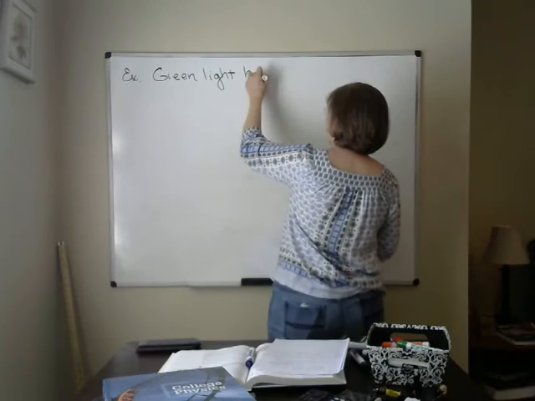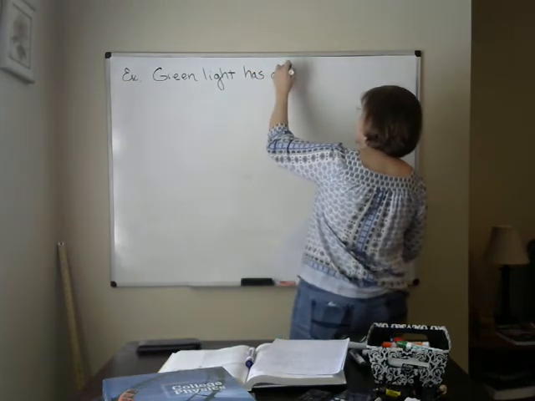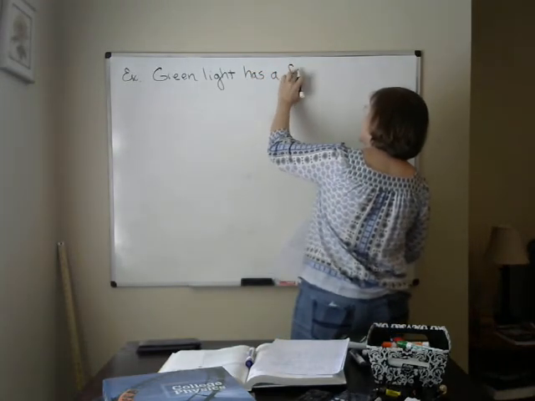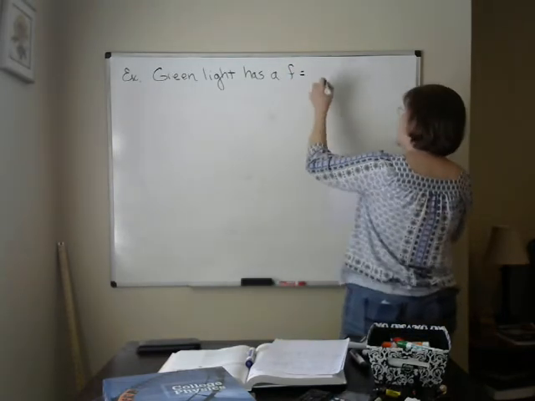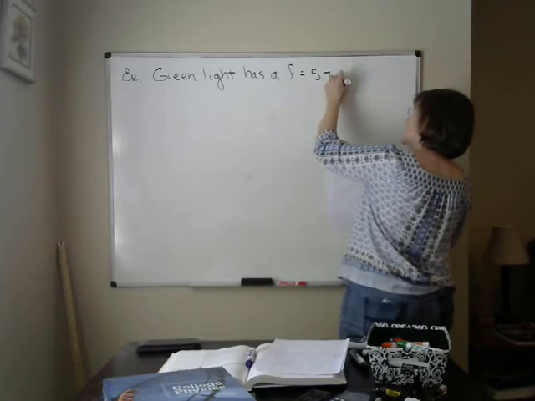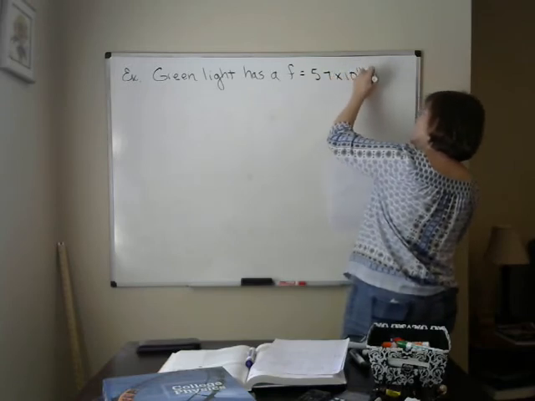A particular green light has a frequency, I'll just put f, that equals 5.7 times 10 to the 14th hertz.